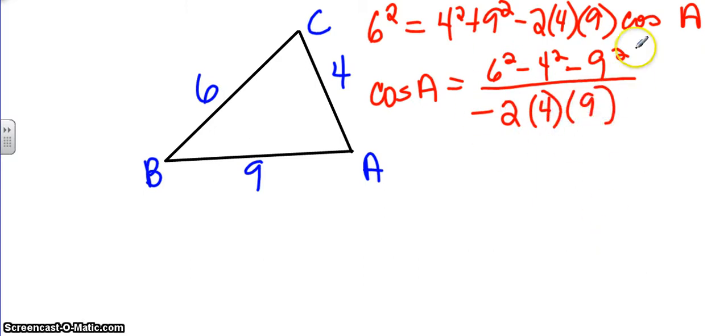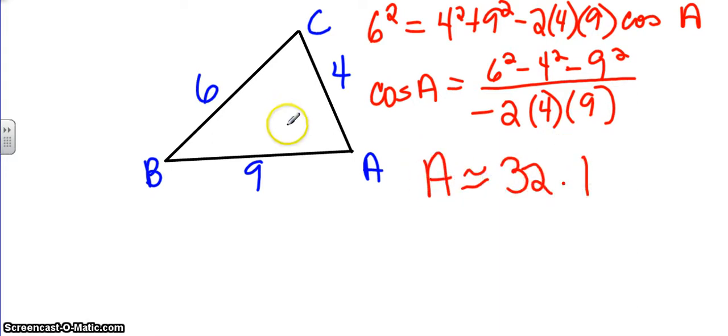So I want to calculate this, and then I'm going to do second cosine, second answer on my calculator. And I get A is about 32.1. And now, since I have now an angle and the side opposite, I can use my law of sines, which is quite a bit quicker than the law of cosines, I think.